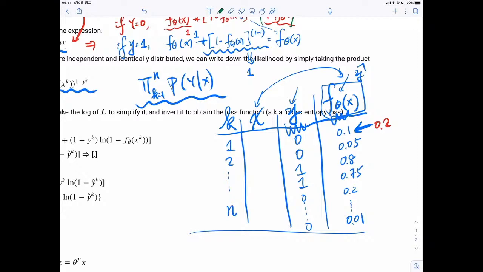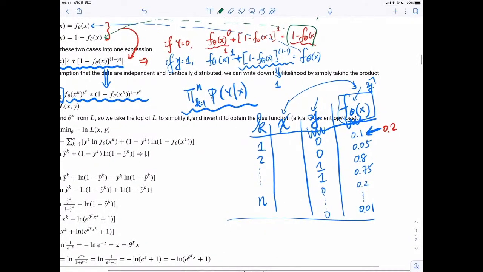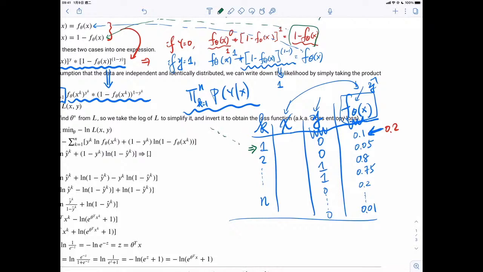We do a product. For the first item, you simply look at this formula: f theta x to the power y, times 1 minus f theta x to the power 1 minus y.